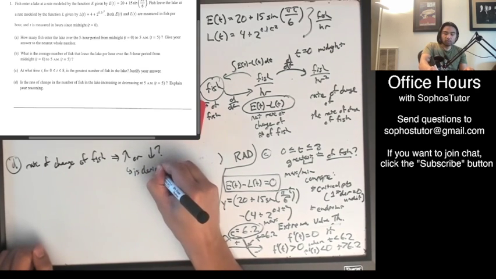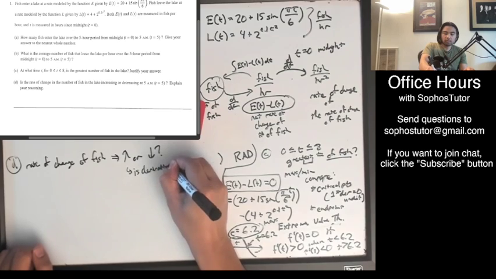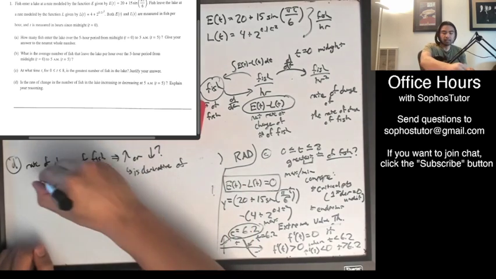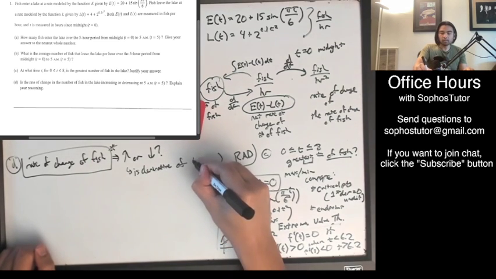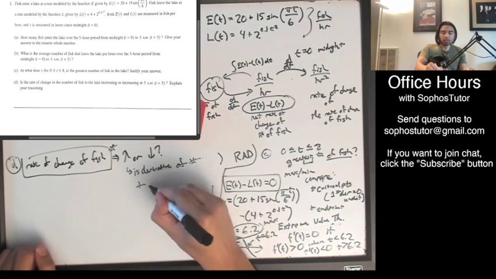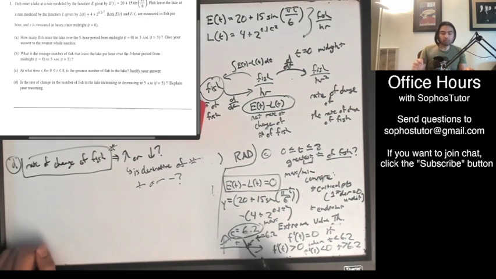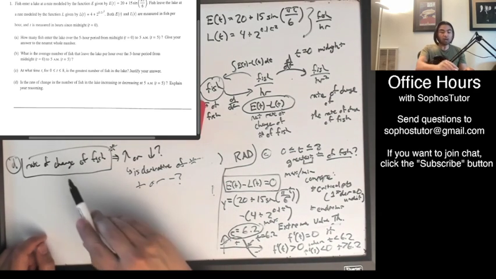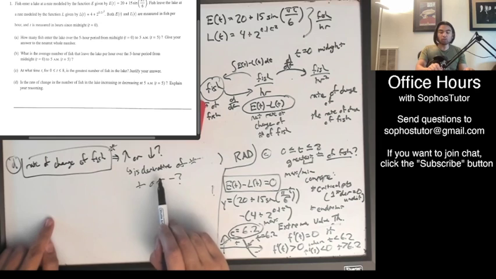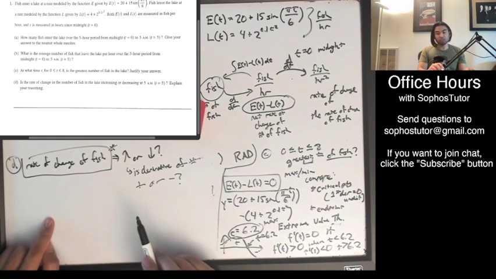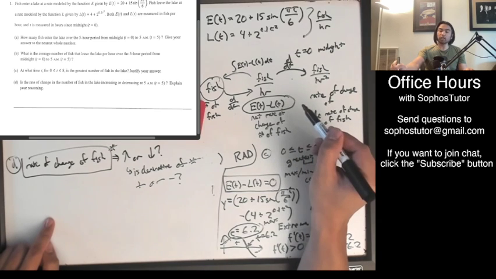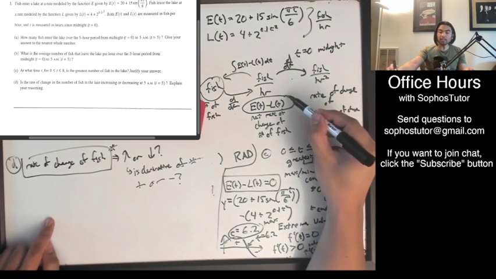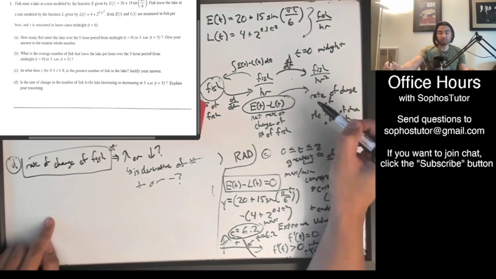Is the derivative of this thing, which I'll put a star on, positive or negative? Okay? So we need not the rate of change of fish, but the derivative of the rate of change of fish. Well, we know that E of t minus L of t is the rate of change of fish. So we need to actually take its derivative.